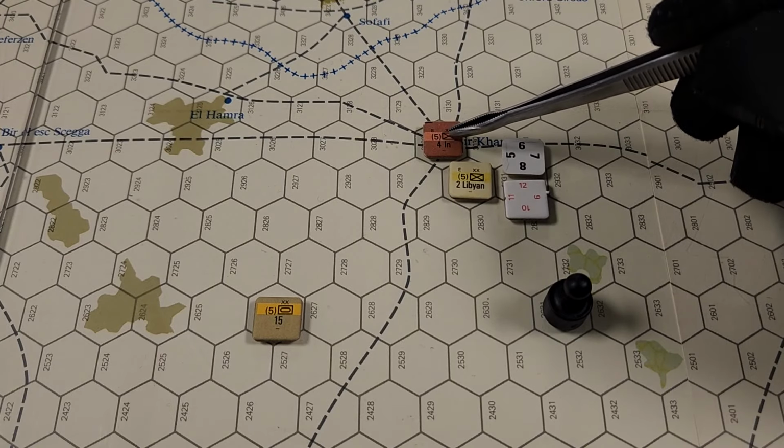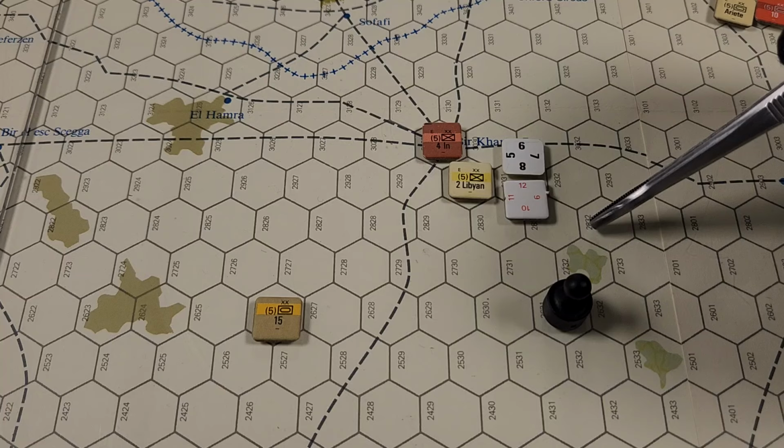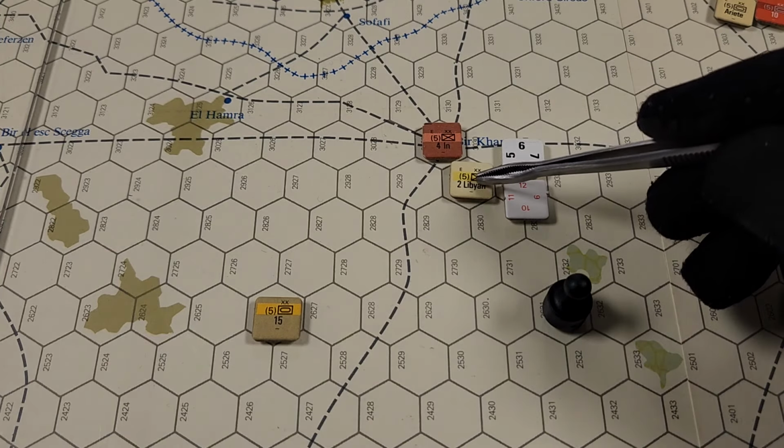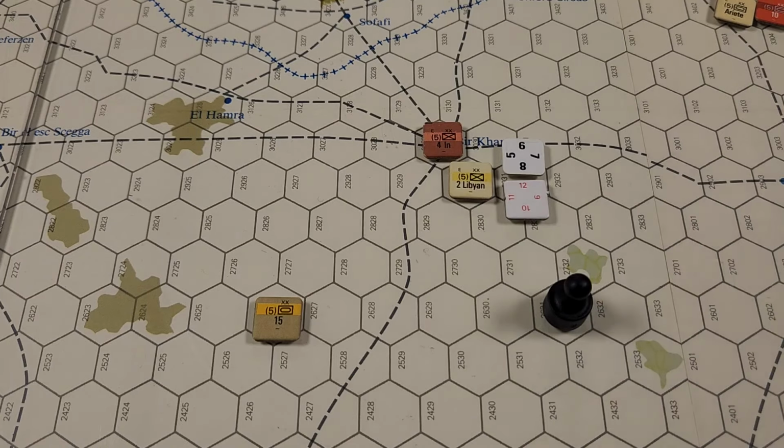The 4th Indian's going to stay, so we're going to get into combat. Let's see now. Forward position. Do we want to keep all the guns in forward position? I'm going to do everything forward for the Italians. For the 4th Indian, let's see. What would he do?